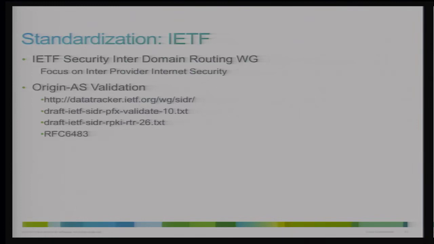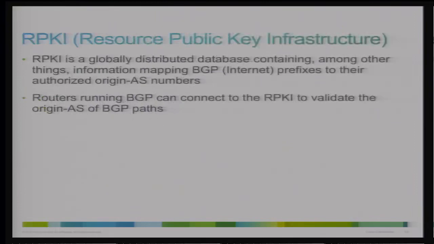If you go to the working group, which is ietf.org/wg/sidr, you'll see all the RFCs, most of them related to this particular program, which is the AS origin validation. So how does it work? There is RPKI, Resource Public Key Infrastructure.